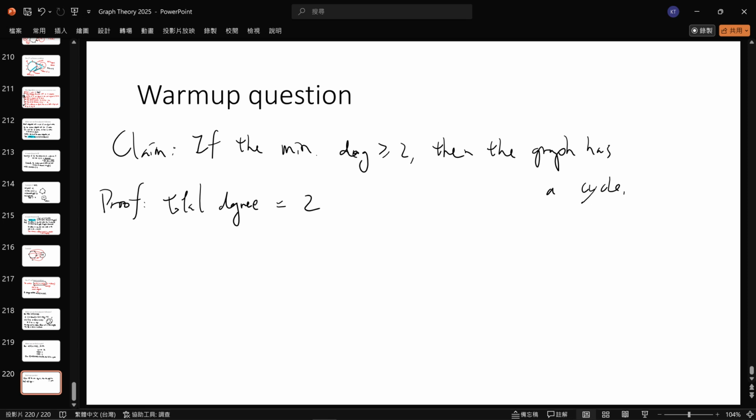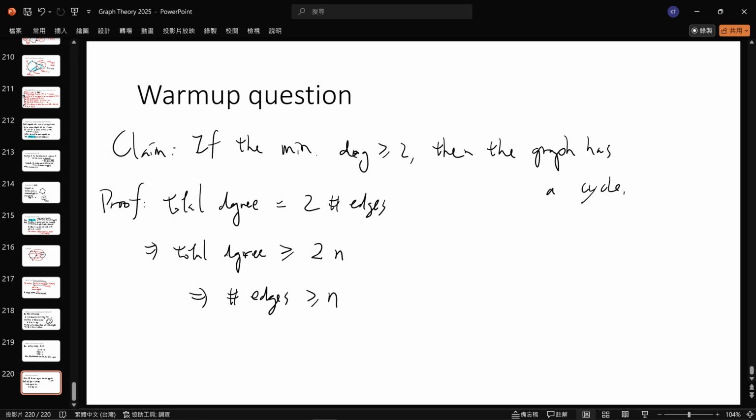is twice the number of edges. Okay, so if the minimum degree is at least 2, then the total degree is at least 2n, which implies the number of edges is at least n.